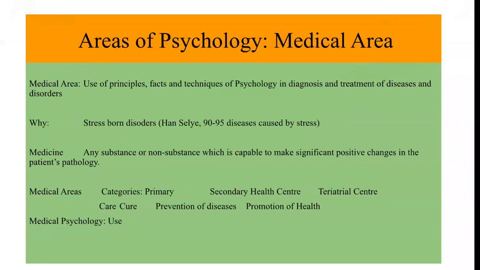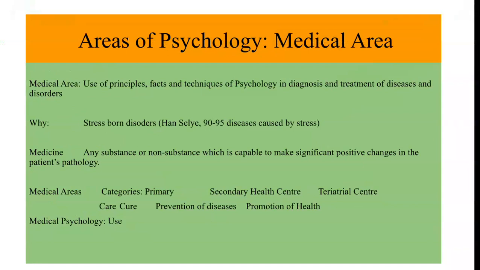The secondary health center is mostly known as a hospital. The hospital has the facility of OPD consultation and also indoor patient consultation, and the facilities in large include investigation and also life support systems.